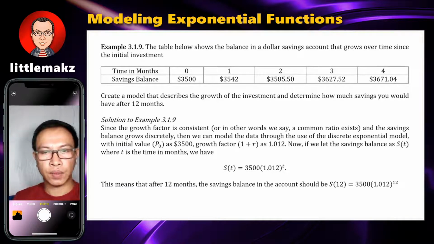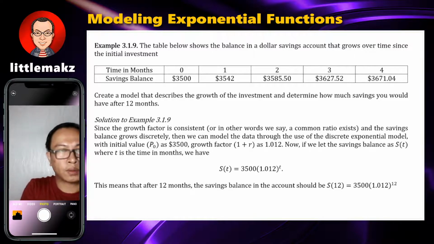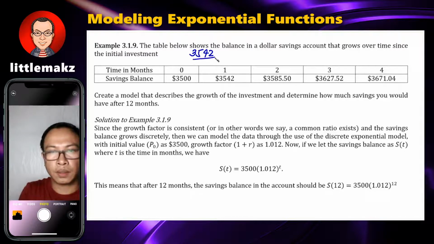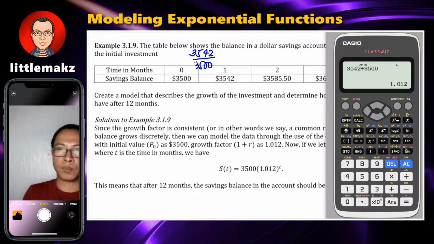The first thing is, of course, we know that our growth factor would be 1 plus r. Our growth factor here would simply be the ratio between any of these values divided by its preceding term. So in this case, the growth factor would be 3,542 divided by 3,500. If you calculate that, we have approximately 1.012.